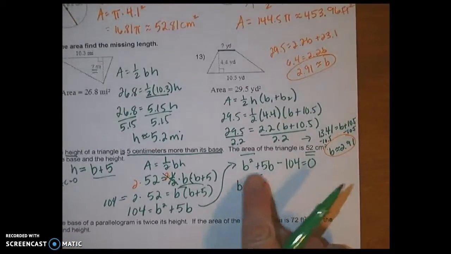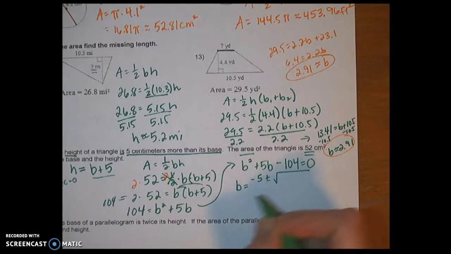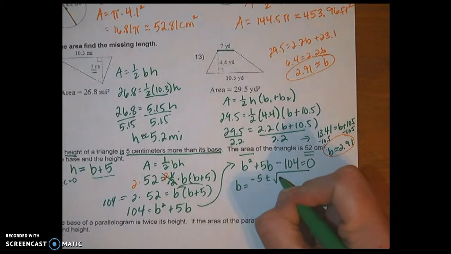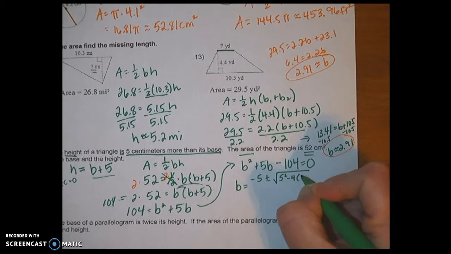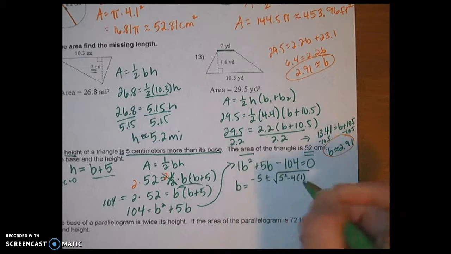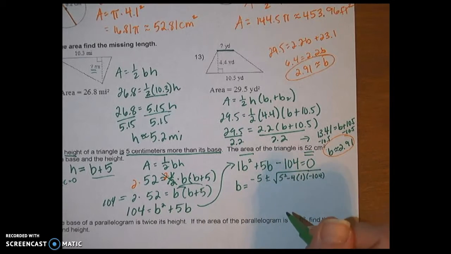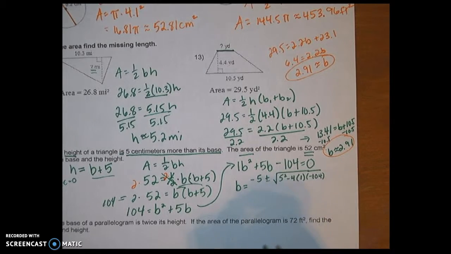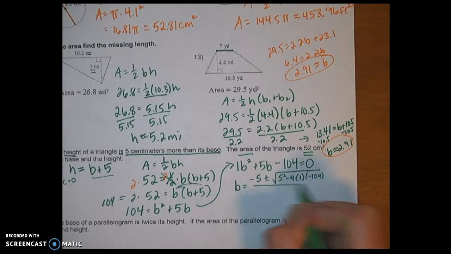So I'm going to do the opposite of b, so that's my 5 value, plus or minus the square root of b squared, so that's 5 squared, minus 4 times a, which is 1, times c, which is -104. The quadratic formula is all over the value of 2 times a, which is 1.